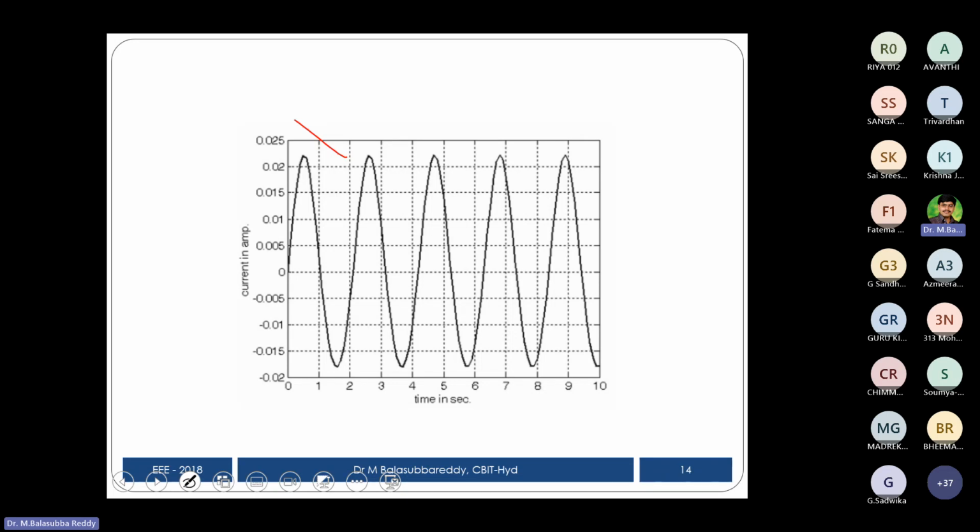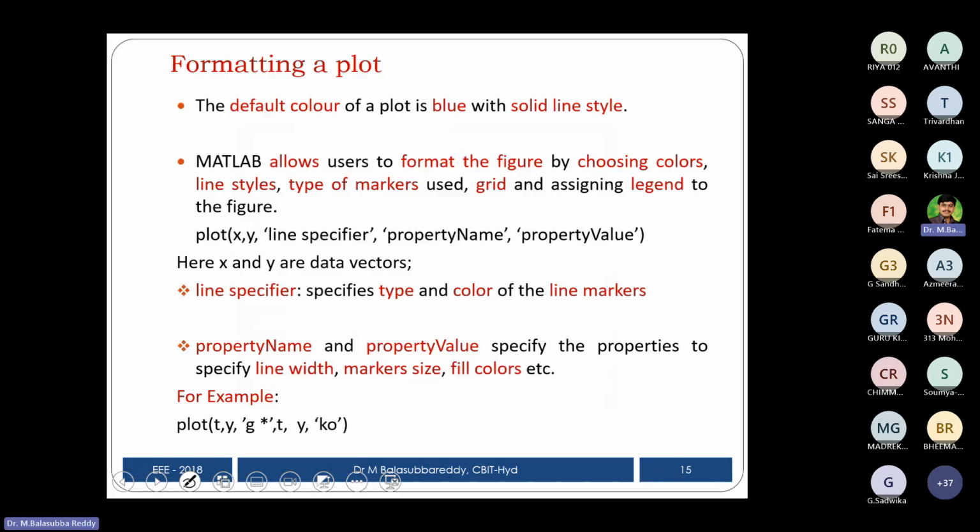That is the difference. We can see other things, formatting the plot as well. Now, in formatting the plot, so far we have seen the basic plot without any width, font style, color, marker; all these things are not incorporated. Now, we'll see this one. What is this? t comma y, 'g*', and 'ko'.